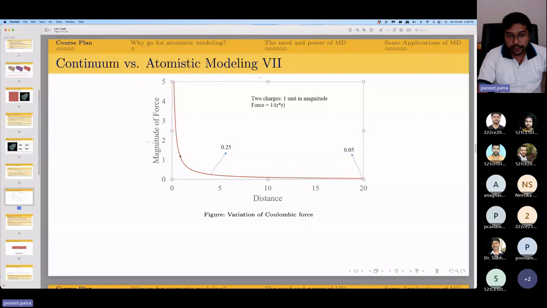It has a long tail, and you can see that at a distance of almost 4 units, the value is not 0, but it is actually equal to 0.25 units in terms of force. When the distance is 20 units between the two particles, the force is still not small enough to be negligible, and it takes a value of 0.05. So this is how the slowly decaying Coulombic force looks, and this causes the non-local effect within our atomistic scale system.